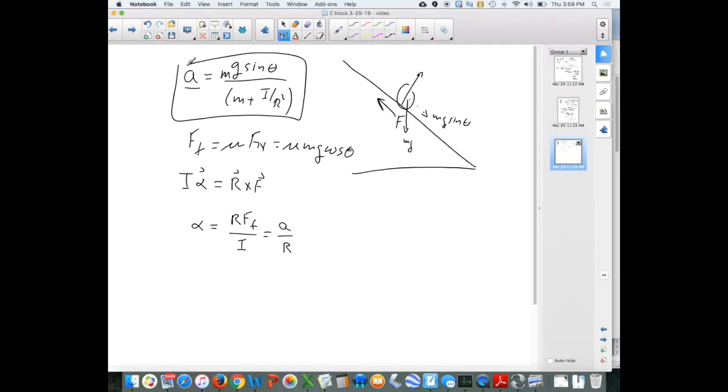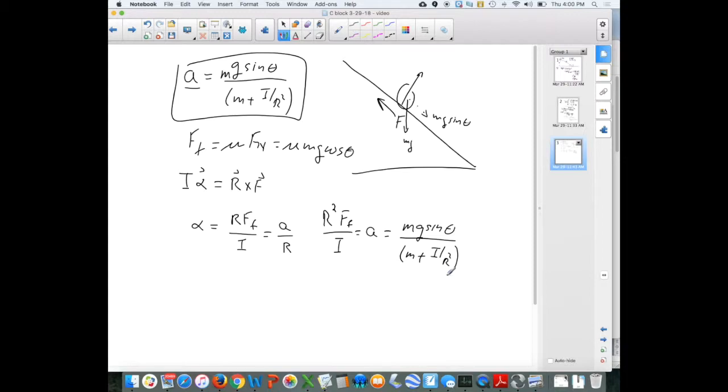I'm going to rewrite this as R squared times force of friction divided by I is equal to a, which is equal to mg sine theta over m plus I over R squared.